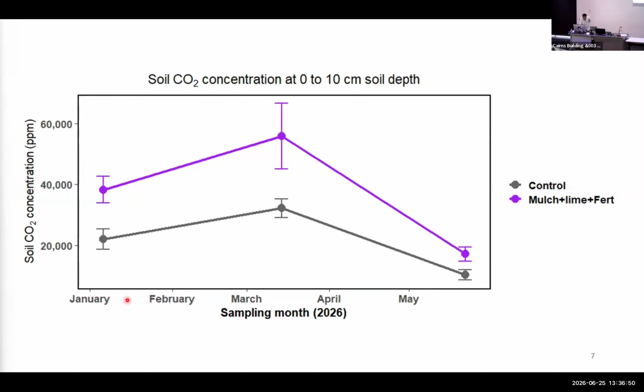As you can see here, the control has no amendment, but with basalt application of 50 ton. The application of lime, mulch, and fertilizer significantly increased the soil carbon dioxide concentration. As I mentioned at the start of this presentation, we achieved the modification of the carbon dioxide concentration.